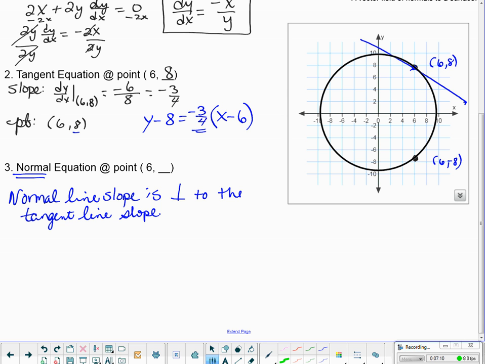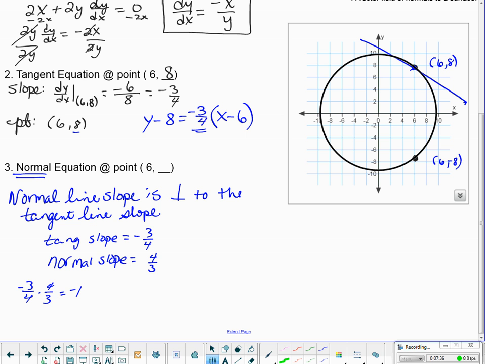And I knew my tangent line slope, the tangent slope we just talked about, was -3/4. That makes then the normal slope opposite reciprocal, positive 4/3. Check it out. When I multiply the two, I should get -1.